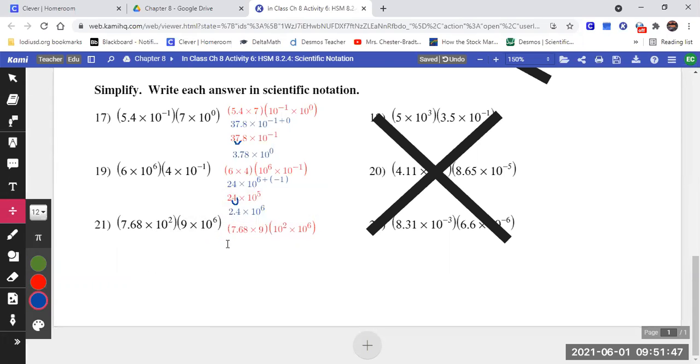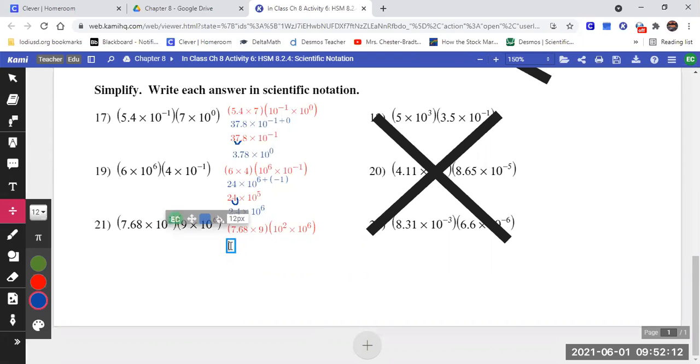What's the calculator tell us that is? Well, what's 7.68 times 9?